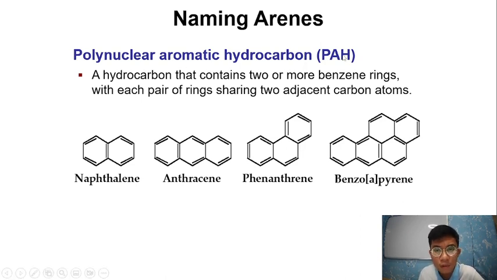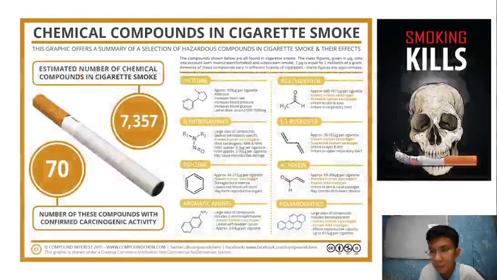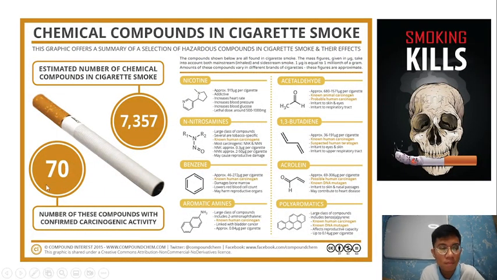So the examples are benzo filing and the others. This is included in the nomenclature na, kasi in the cigarette smoke, compounds of interest.